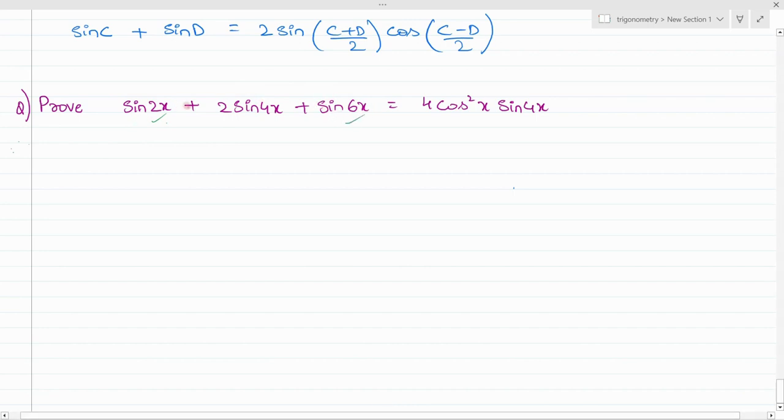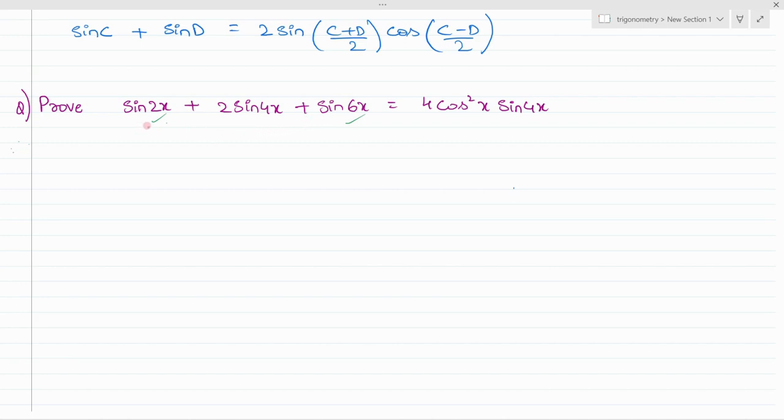Why? Because when you do this, you will get something related to sine 4x, so that afterwards you can take sine 4x as common and the remaining solution will be easier. How to get this logic will strike the mind when you do lots and lots of practice.